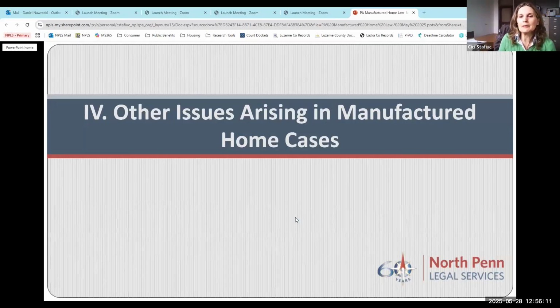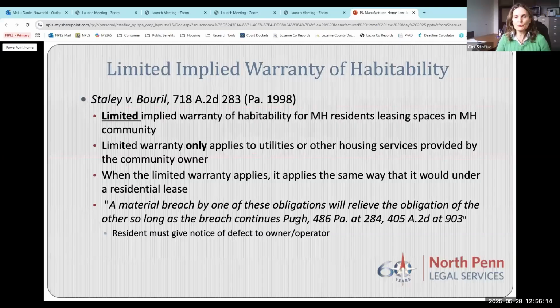Thank you, Dan. As we are dealing with manufactured home cases, we see some issues popping up from time to time, so we wanted to discuss that. One issue is when the park owner provides some services to the residents, like water or sewer services.